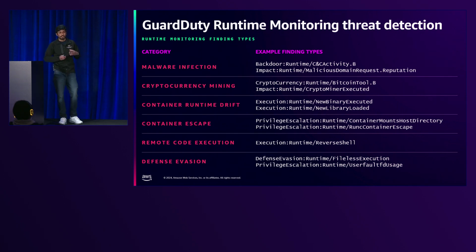Let's say that a new library was created or modified inside the container during its runtime. That is container runtime drift. Any changes you would like to make to the container should always be made through a CI/CD pipeline, and that's the best practice. So if something is happening inside the container while it is running, even that will be found by Amazon GuardDuty ECS runtime monitoring. It also finds remote code execution, defense evasion, and many other finding types.